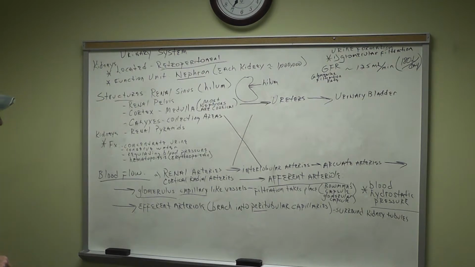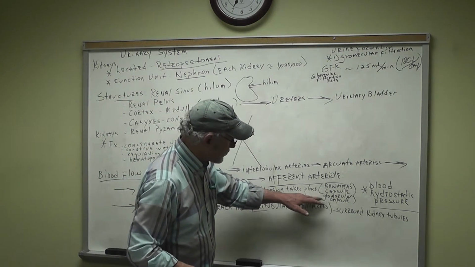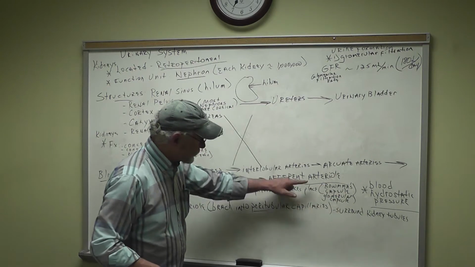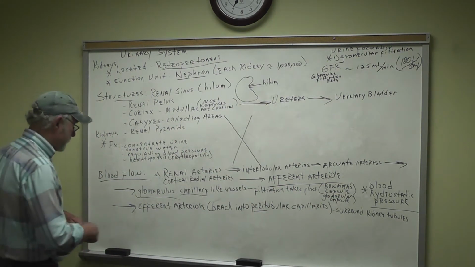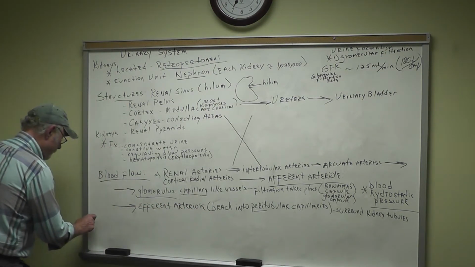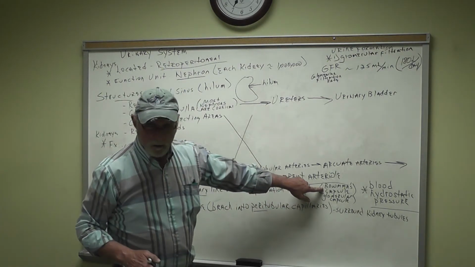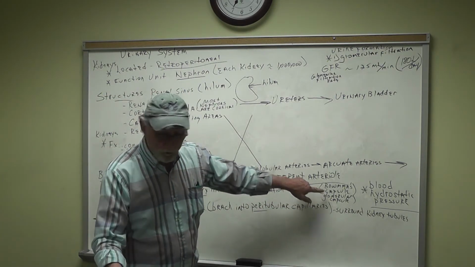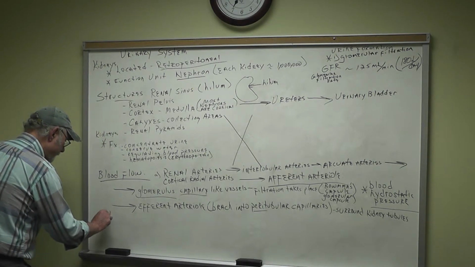At this point, when this filtration takes place and the fluid enters the Bowman's capsule, the blood will leave. The filtered material, which at this point is called filtrate, is not called urine yet.